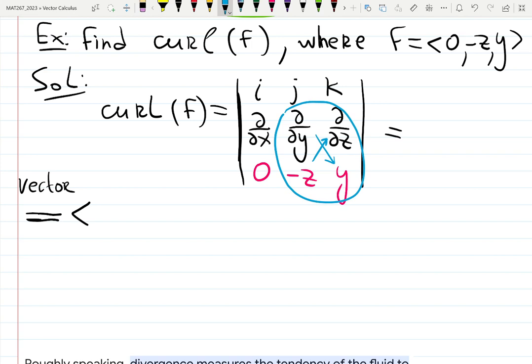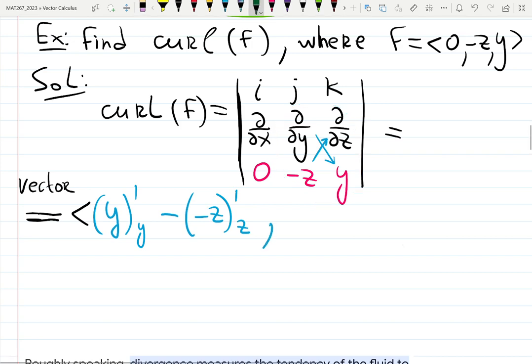Derivative of y with respect to y minus, let's do minus derivative of minus z with respect to z. How cool is that? Minus 1 and 1. Minus 1, comma. Then I will do these guys.